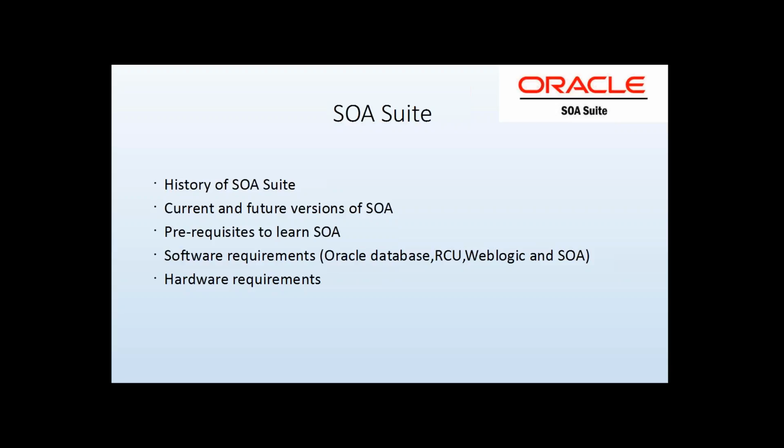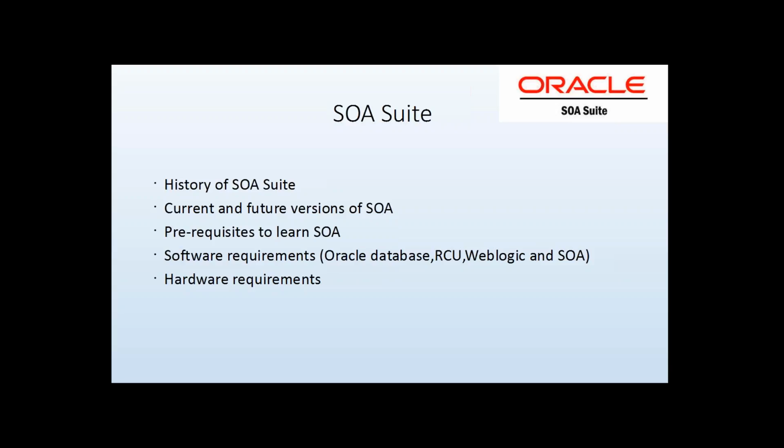Because it's going to be limited, WebLogic uses the default database, which is Derby, which comes as an internal database. By the time we install WebLogic, Derby will also be installed automatically, and WebLogic is going to use that default database to store all its running data.